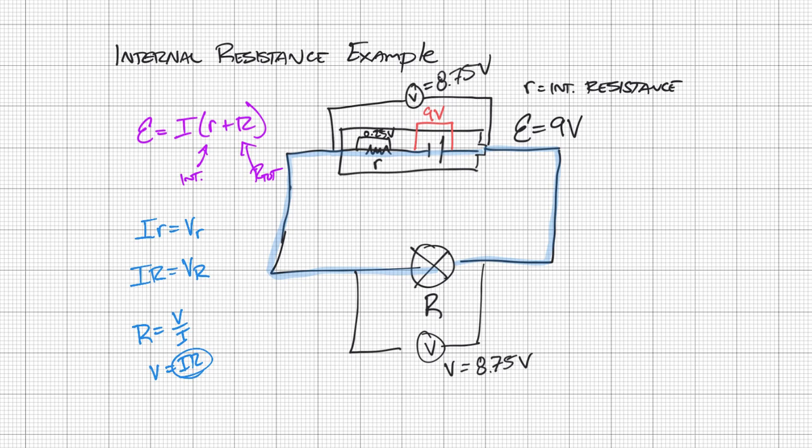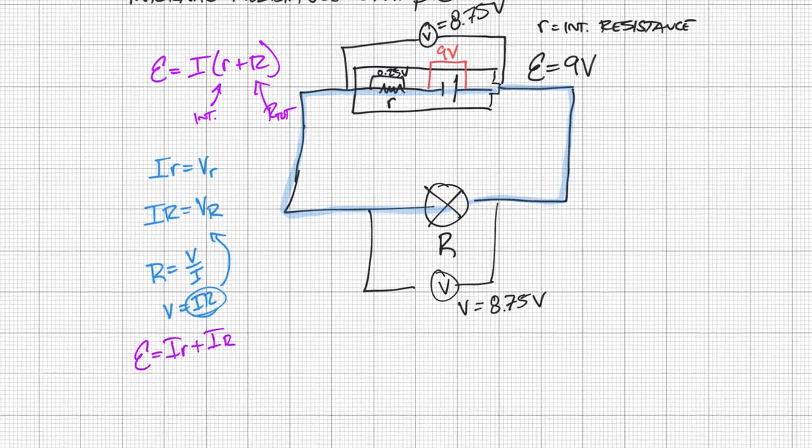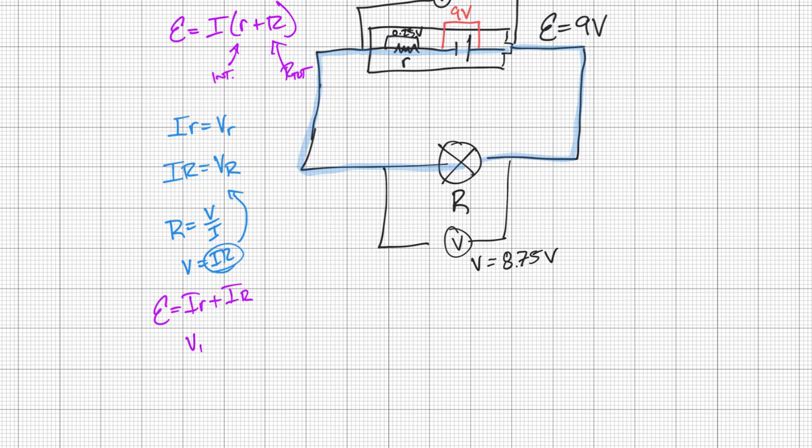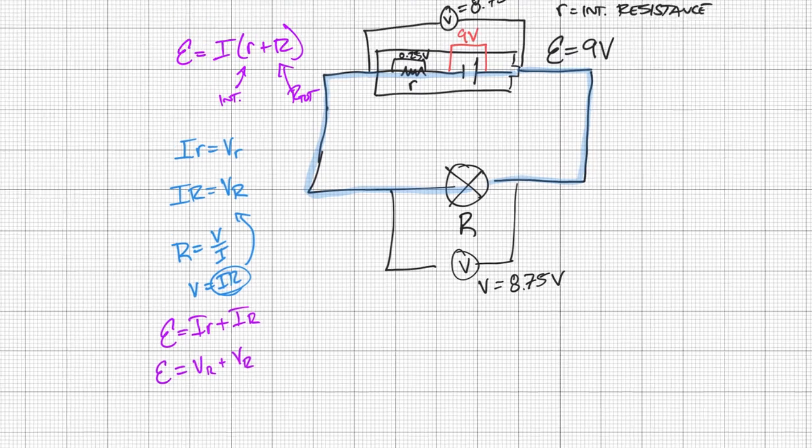So I can replace IR in terms of V. And understanding that this is the voltage of my internal resistance and the voltage of my total resistance, both of those combined equals my EMF. So again, voltage of the internal resistance plus voltage of the total resistance, that is my EMF.